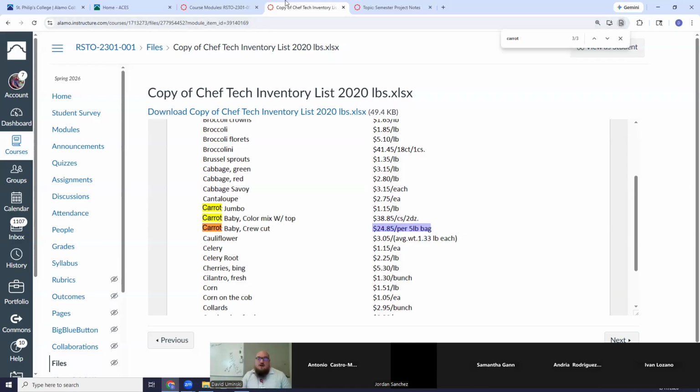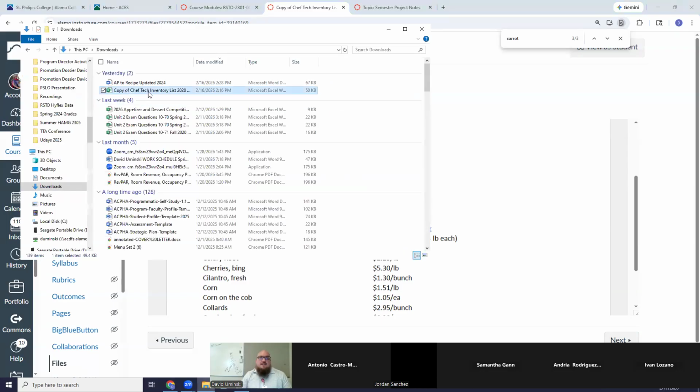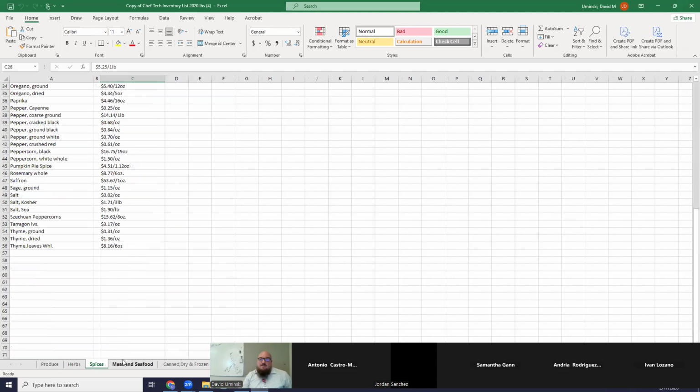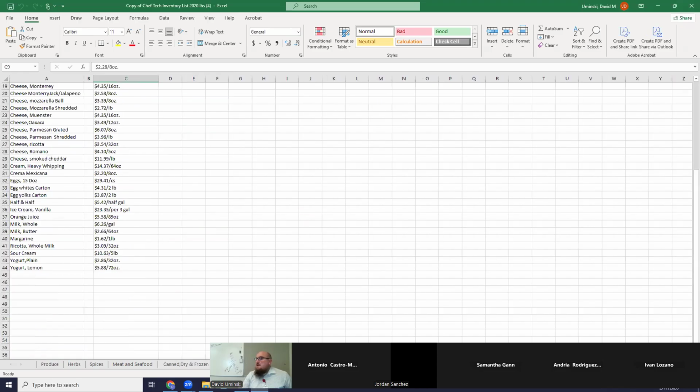Now, if you'd rather work on Excel, you totally can. You can download the Chef Tech inventory list. The only difference between working in Excel and working in Canvas is Canvas has the whole thing all at once. In Excel, it's only going to go by the tabs and the categories that are in the tabs below.